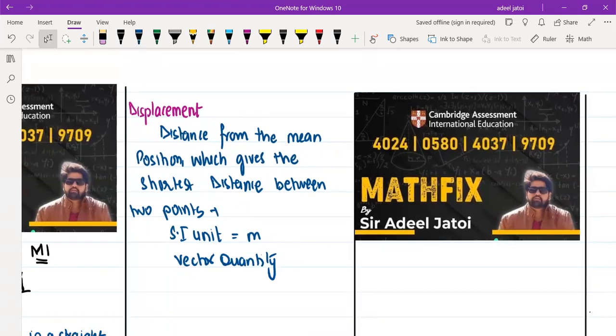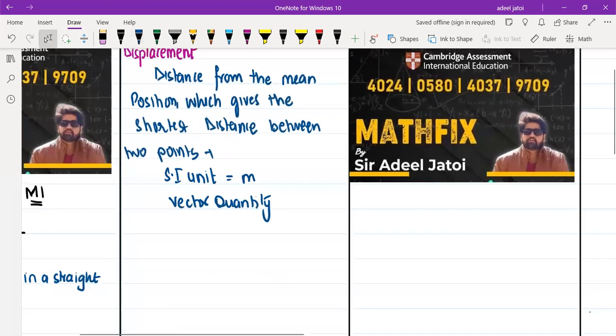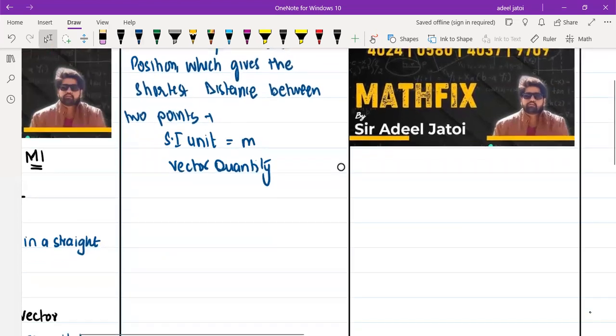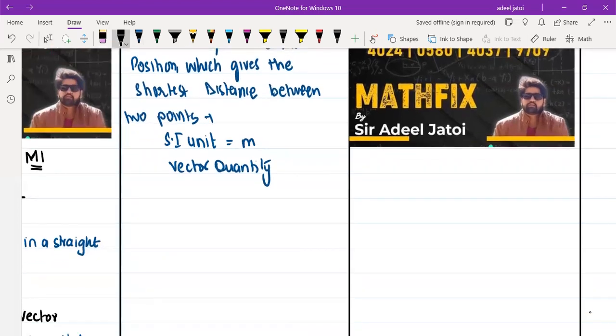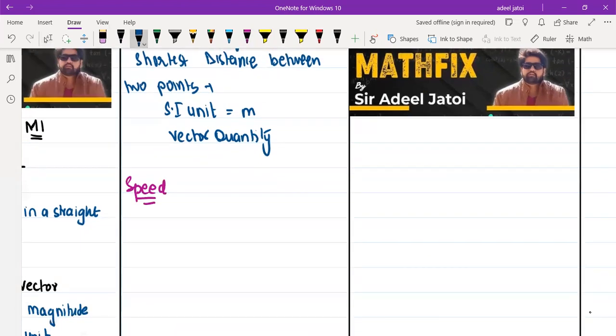Now, similarly, what is the speed? The speed is the rate of change of distance.